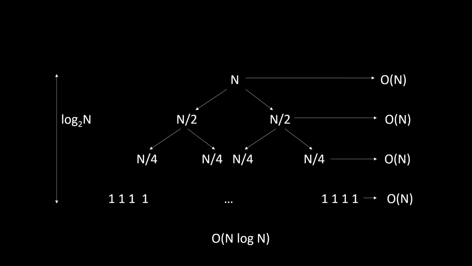Then on the third layer, we have n divided by 4, four times, giving us O of n. And then on the last layer, we have a bunch of 1s, which gives us O of n as well. Then the height of this tree is log of n. And so our final time complexity is O of n log n.